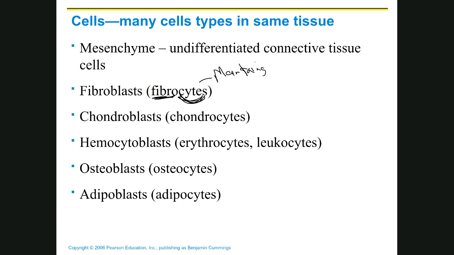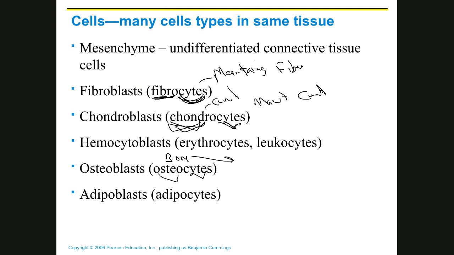They're maintaining fibers. What does chondro mean? Do you remember? It means cartilage. And what does site mean? It means maintaining. So they're maintaining cartilage. And then osteo. Remember, osteo means bone. Site means maintaining. They're maintaining bone.